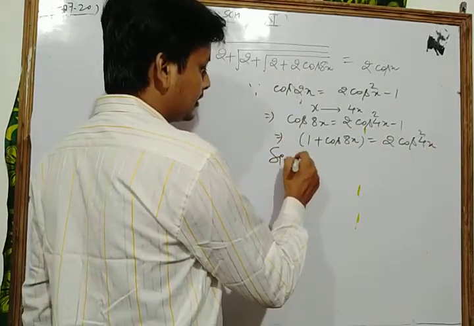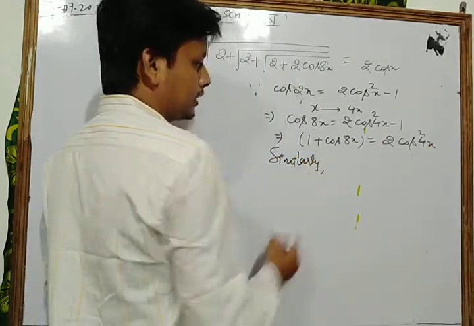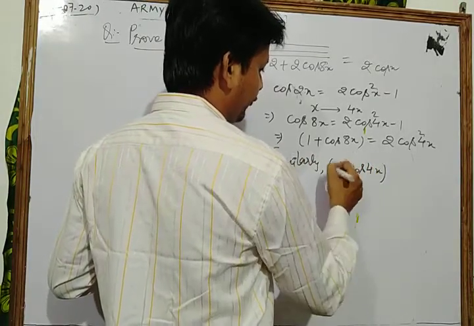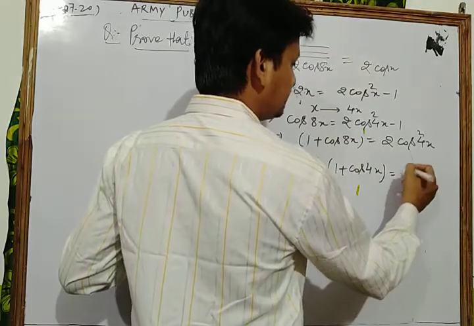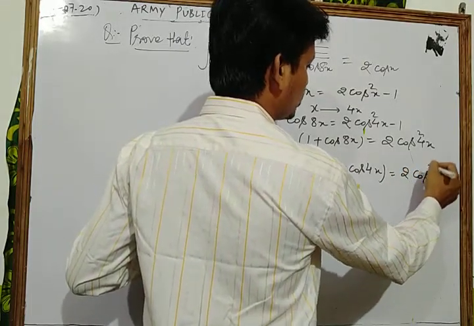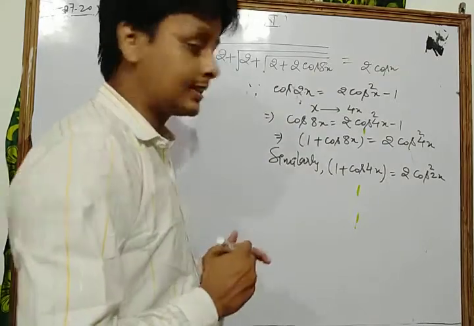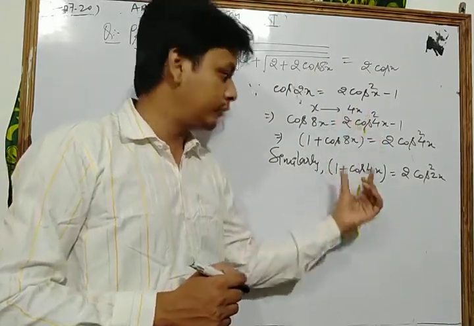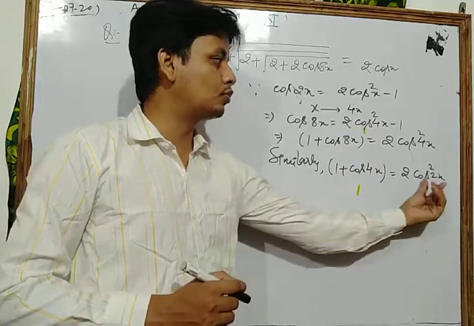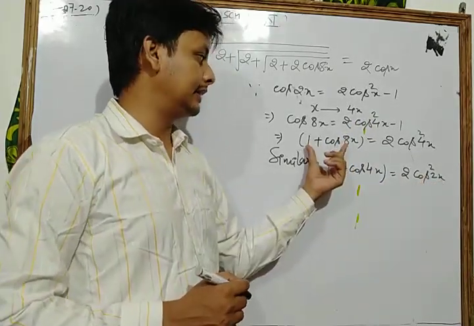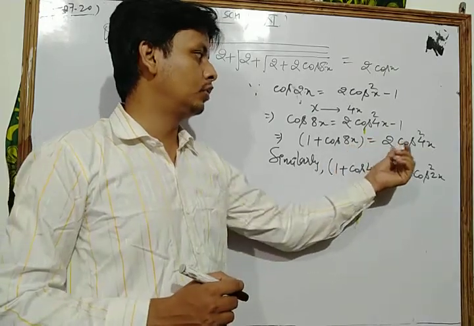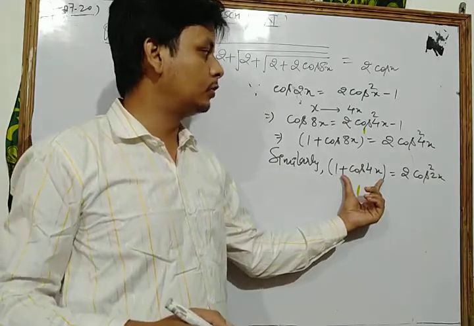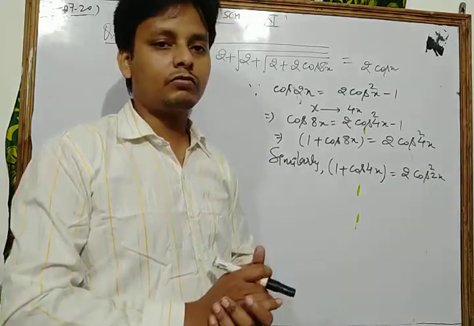Similarly, 1 plus cos 4x is equal to what? 2 cos square 2x. Like that, 1 plus cos 8x is equal to 2 cos square 4x, and similarly 1 plus cos 4x is equal to 2 cos square 2x.